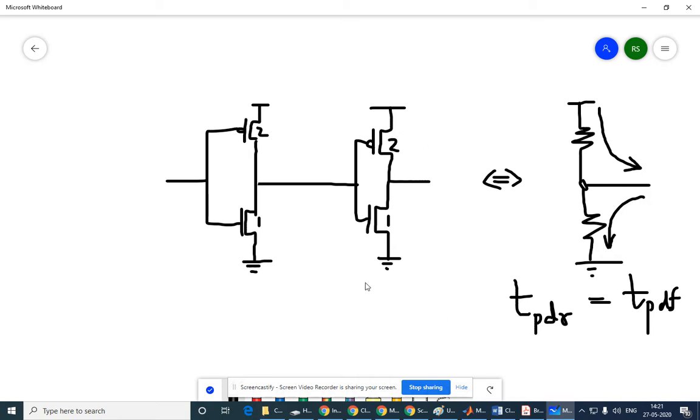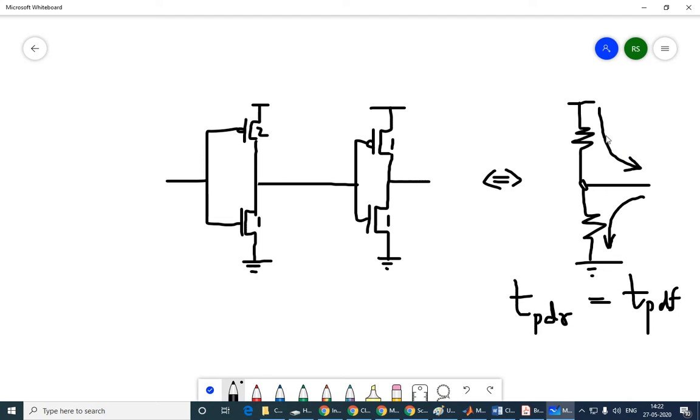Now instead of 2 and 1, let me just erase this for a second. Let's say we go for 1. So now the PMOS transistor and NMOS transistor, both are 1. What happens now if I draw this equivalent circuit?